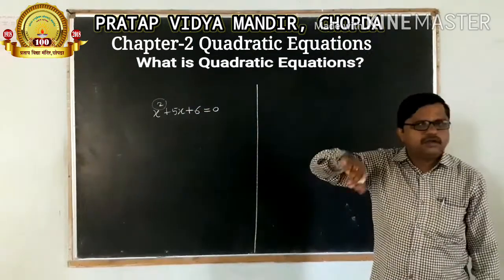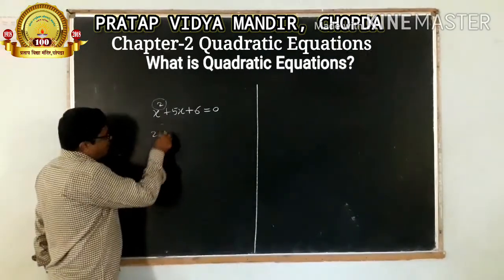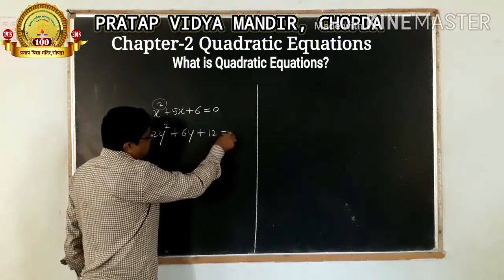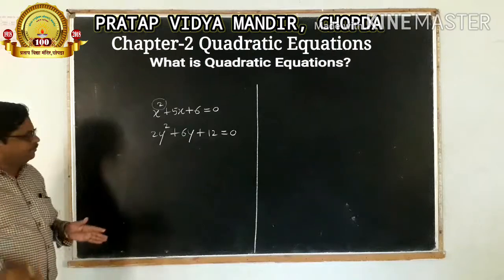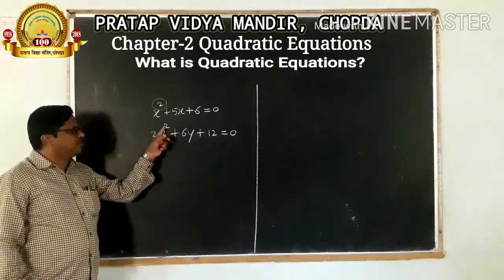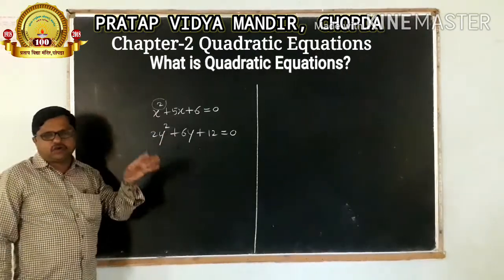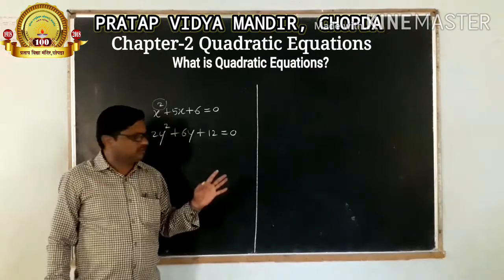Again we can write another example of a quadratic equation: 2y square plus 6y plus 12 is equal to 0. This is another quadratic equation. Why is it a quadratic equation? Because here the maximum degree of variable is 2. As the maximum degree of variable is 2, this equation is also a quadratic equation.